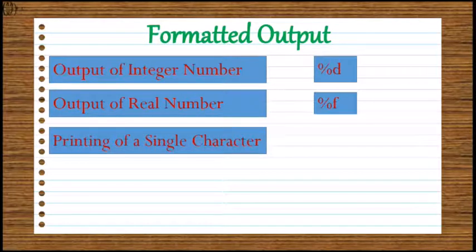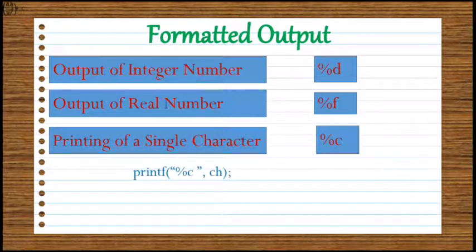Next one, printing of a single character. The format specification for printing a single character is %c symbol. For example, printf %c ch. So while outputting, %c will be replaced by whatever value stored in ch.